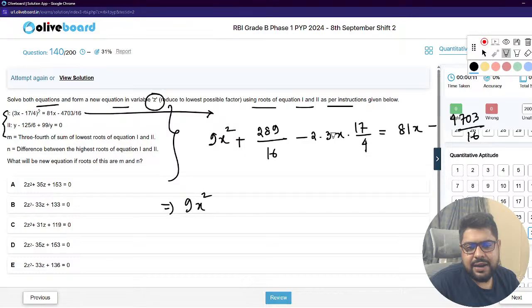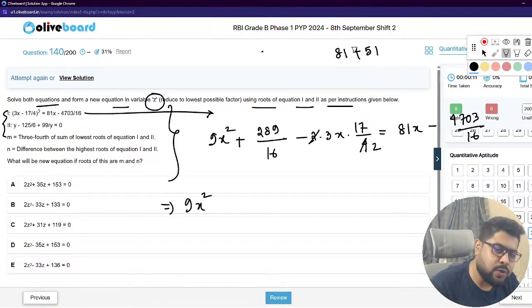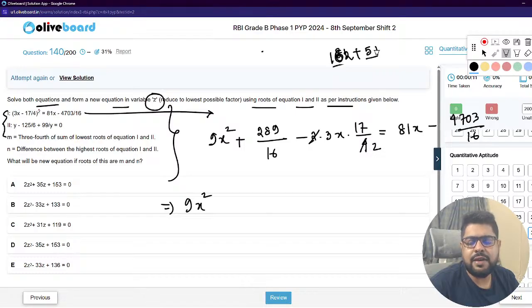The x term: 81 plus 51 by 2. 81 into 2 is 162, so 162 plus 51 is 213. 213x by 2, sir.